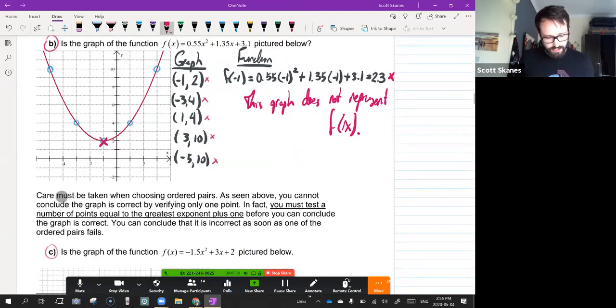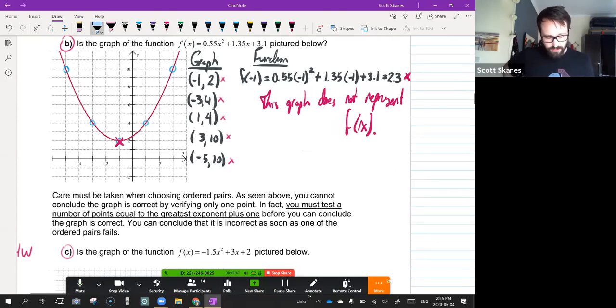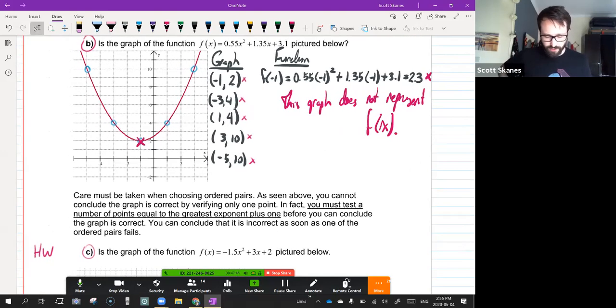So what it says on the bottom of this function here, and I'm going to move on. I'm not going to do question C. It says, care must be taken when choosing ordered pairs. As seen above, you cannot conclude a graph is correct by verifying only one point. You must test a number of points equal to the greatest exponent plus 1. That's just a fancy way of saying whatever is on that x, you need to add 1, which is why we're choosing 3 points.